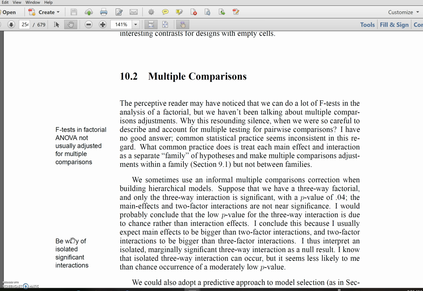So what's interesting is we've gotten through this whole section on factorials, and what you might have noticed is that when we're analyzing a factorial, we often do a lot of F-tests to compare models, to compare the fit of models, by doing that ratio of variances test between the models.